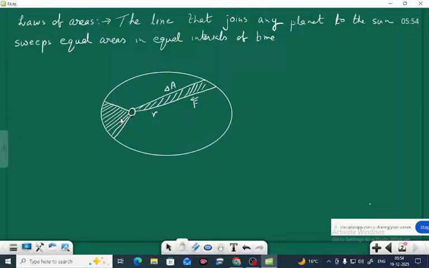This is the planet P, and this planet is moving from this place to this place, P dash, in time del t.